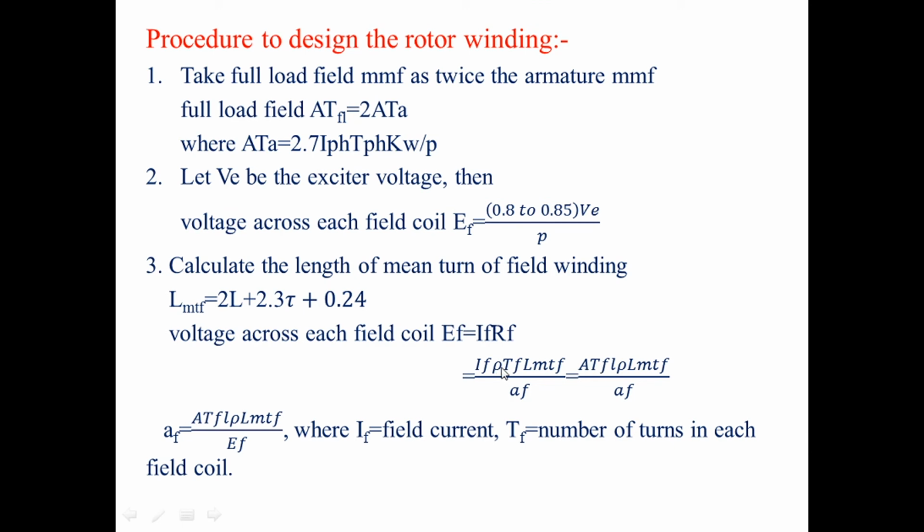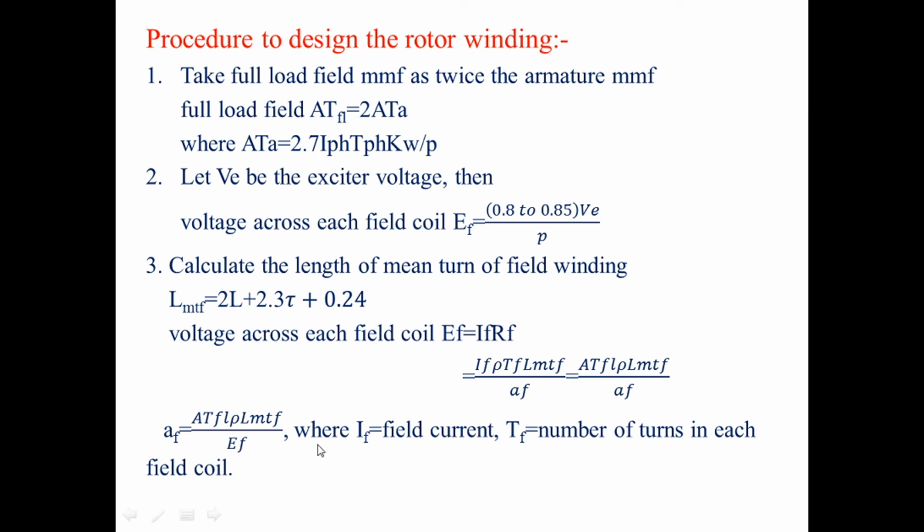Here rho is the specific resistivity, LMTF the length of mean turn of the field winding, and AF the area of the field conductor. So ATFL is IF into TF, and AF is equal to ATFL into rho into LMTF divided by EF, correct.